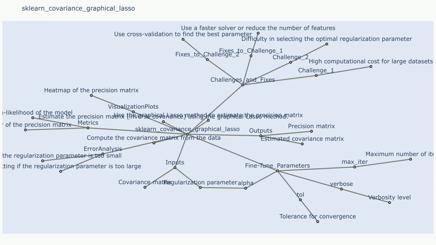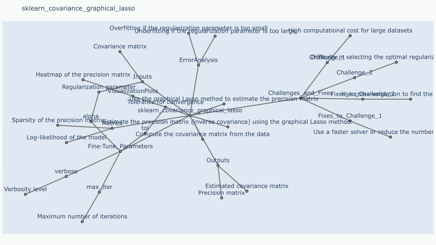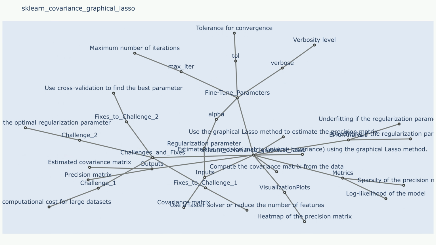Uncertainty method 2. Explain in detail. Cross-validation. Another approach is to use cross-validation. This involves dividing the data into training and validation sets and using the training set to estimate the covariance matrix and the validation set to assess the performance of the estimated covariance matrix.